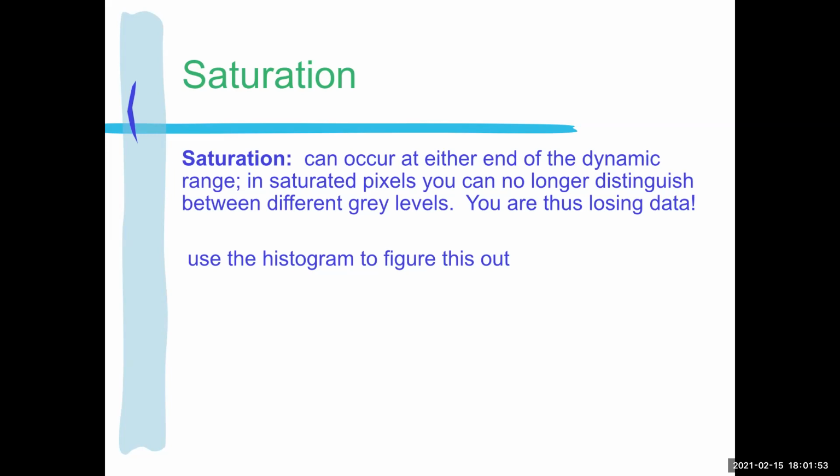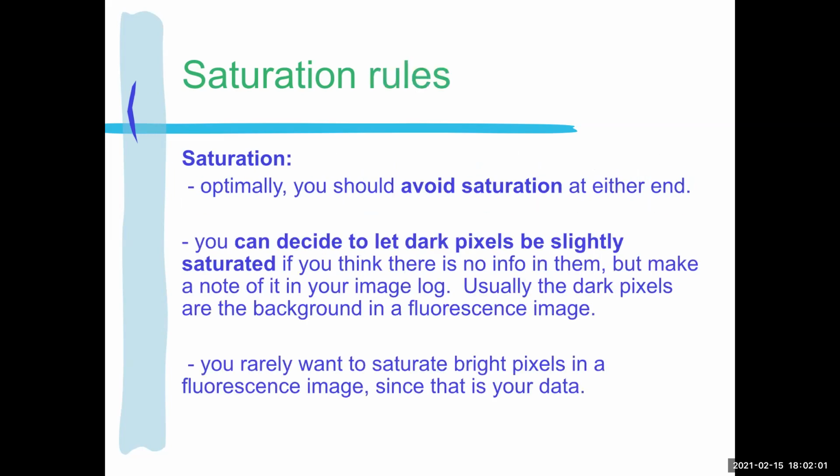So if you're not seeing that, you're probably looking at somebody who just overexposed their image. And you're going to play with that in lab this week. You'll get a chance to get a sense of how an image can be saturated in either direction.